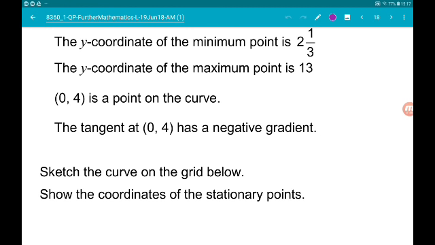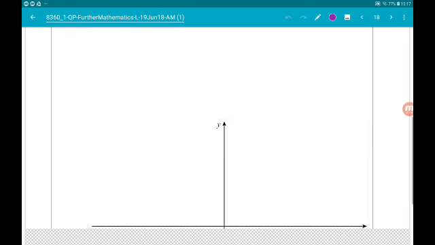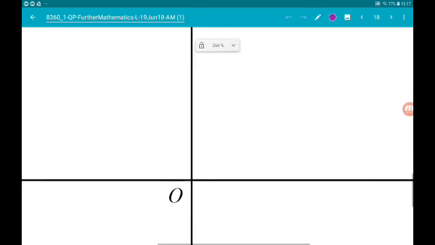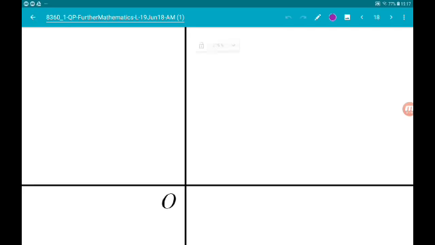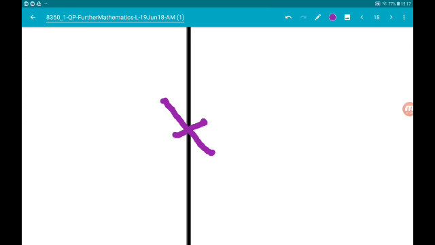We want to sketch the curve on the grid below. Show the coordinates of the stationary points. So, at the moment, we can put the point 0, 4 on, and we know the graph is going down through like that, because it has a negative gradient.